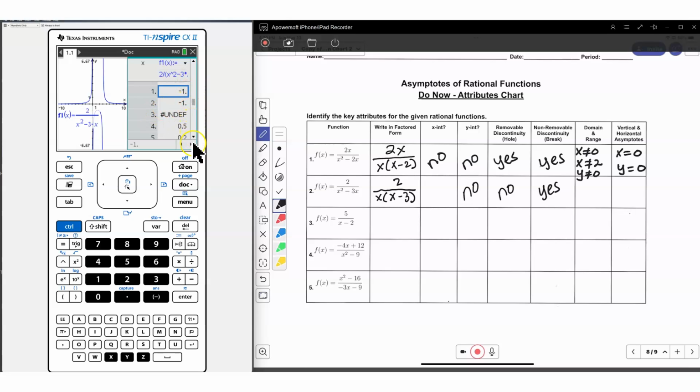We want to know when y is equal to 0 and it doesn't appear. Now, if I go to x equals 0, you notice that at 0 it's undefined, so it doesn't have a y-intercept because it would have been at 0.